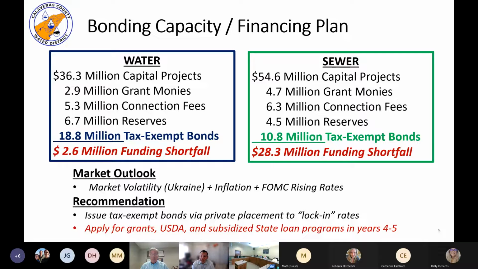But there's not an immediate one at this point. The other is a deferral of capital projects. But I don't believe that figuring out a strategy for the entire plan at this moment should prohibit us from moving forward to finance the most critical projects that we have on the list right now.